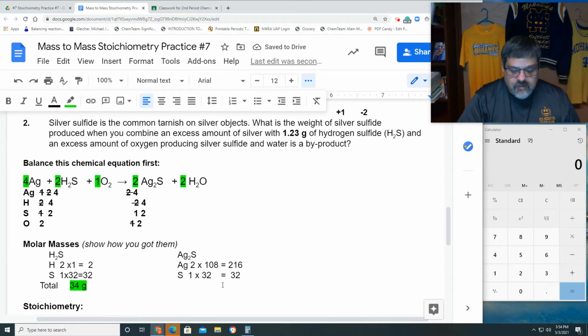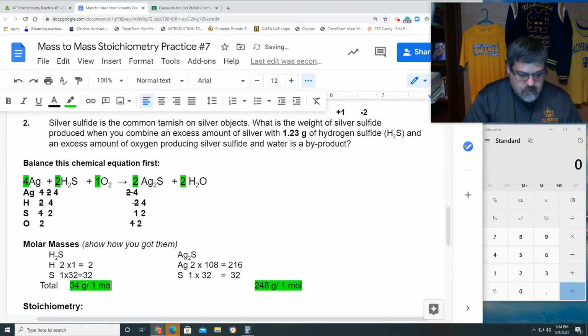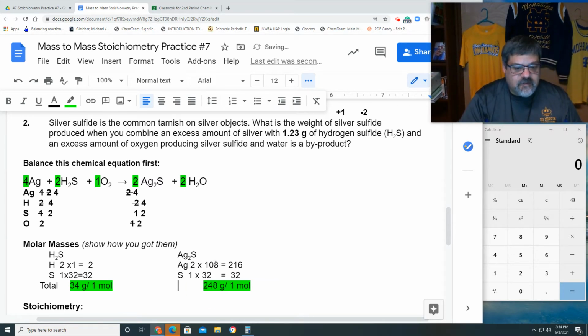Plus that's 4, so 248. 248 grams. And remember, that's grams per 1 mole. Same thing over here. This is grams per 1 mole. And this is going to be, again, of silver sulfide, and this one is of hydrogen sulfide.